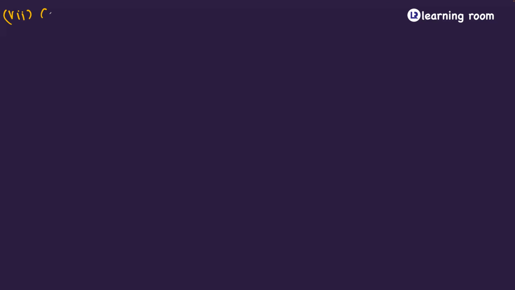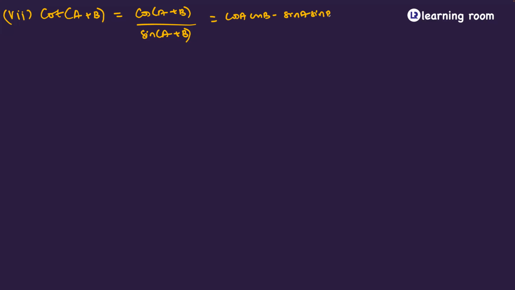So the seventh one is cot of a plus b. See, cot of a plus b is going to be cos of a plus b, the whole divided by sine of a plus b. Right. It is going to be cos a cos b minus sin a sin b, the whole divided by sin a cos b plus cos a sin b. Right. So logic is very simple again. Listen to this carefully.